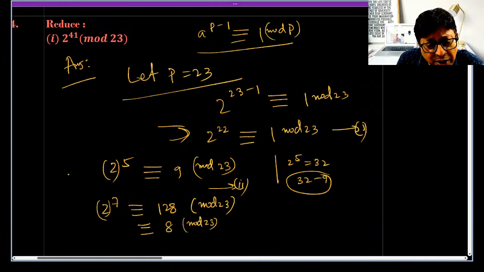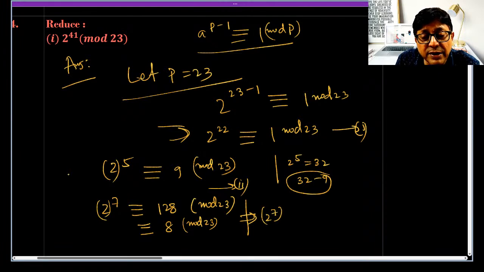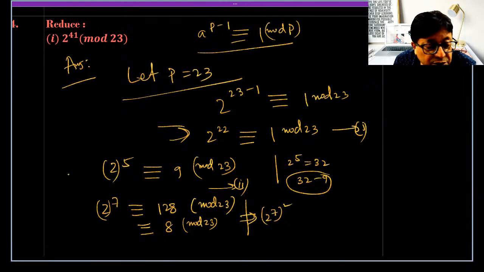You understand what I am doing? I have divided this mentally by 23 and written the remainder. So this implies that, if I take 2 to the power 7 whole square, 14, and with 5, their product will be 9. That's why I am approaching this way.